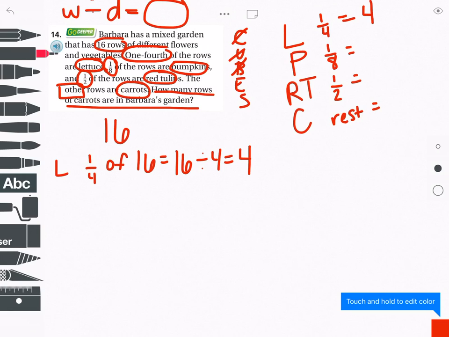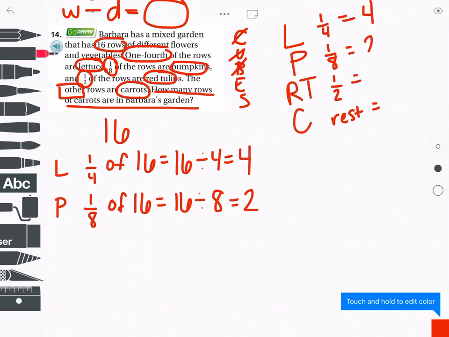All right, the pumpkins are 1/8 of the rows. 1/8 of 16 would be 16, my whole number, divided into 8 groups. 16 divided by 8 equals 2. So 1/8 of the rows is pumpkins.